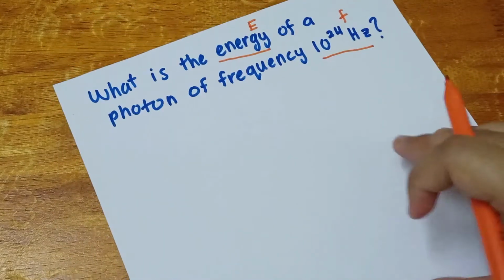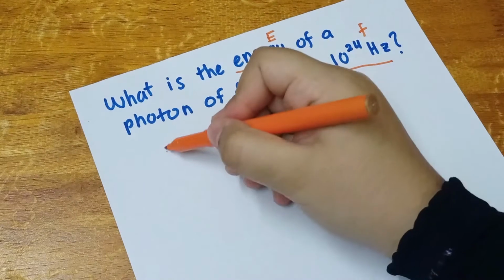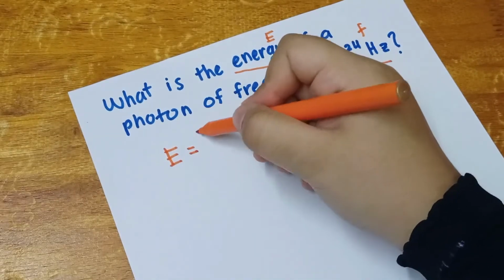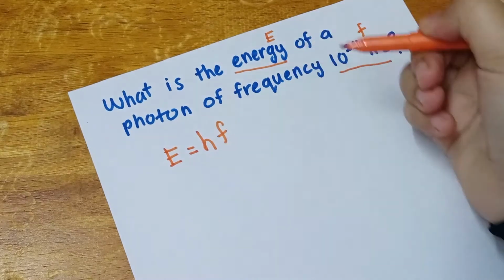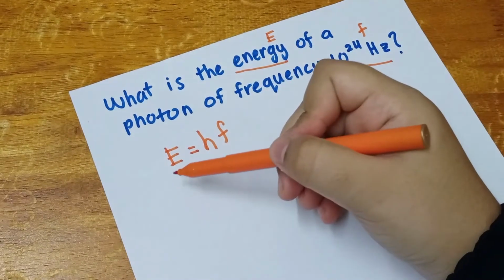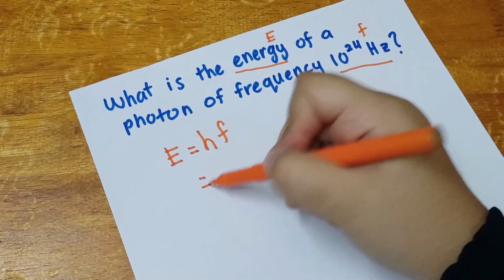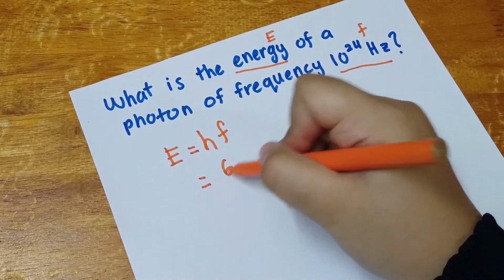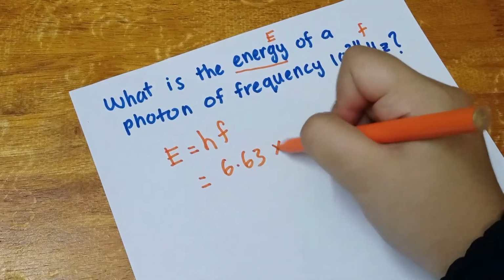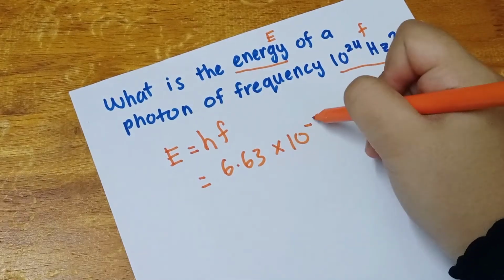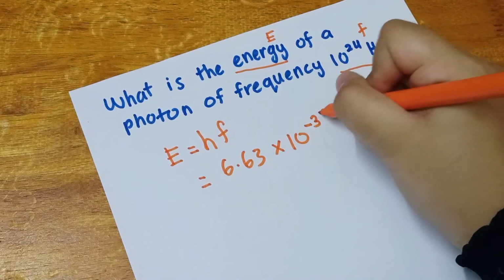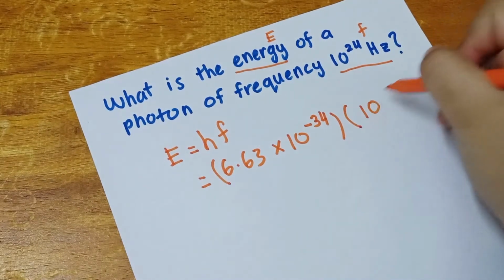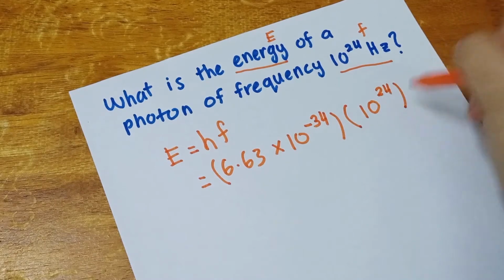So the formula is energy is equal to Planck constant times frequency. We can solve for the energy. The Planck constant is 6.63 times 10 exponent of negative 34, and the frequency is 10^24 Hz.